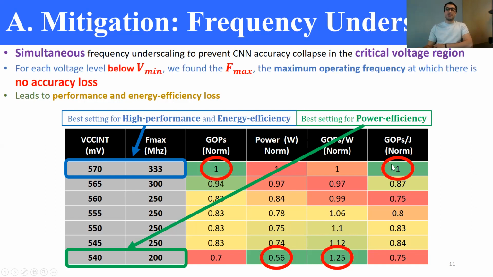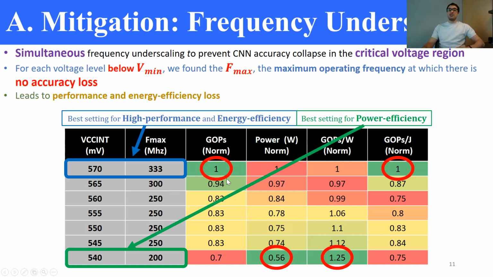So depending on which parameters we want to optimize, we can go through voltage and frequency downscaling, or we can just go through voltage underscaling without downscaling the frequency. This is also related to the accuracy of the neural network that we are expecting. If we do not want to lose any accuracy, it is necessary to use this kind of technique.